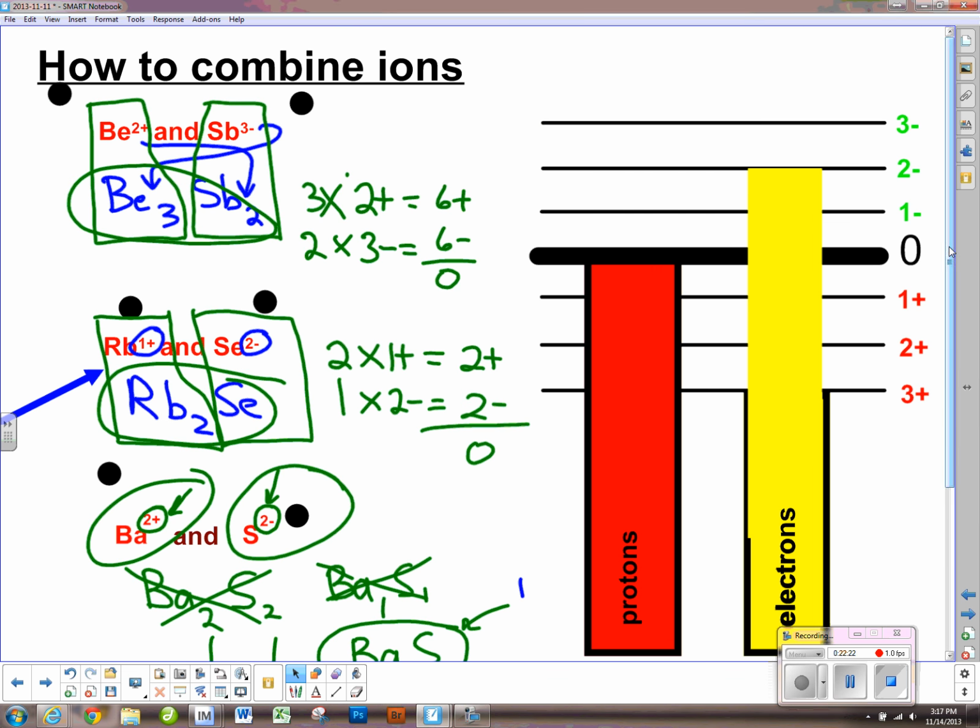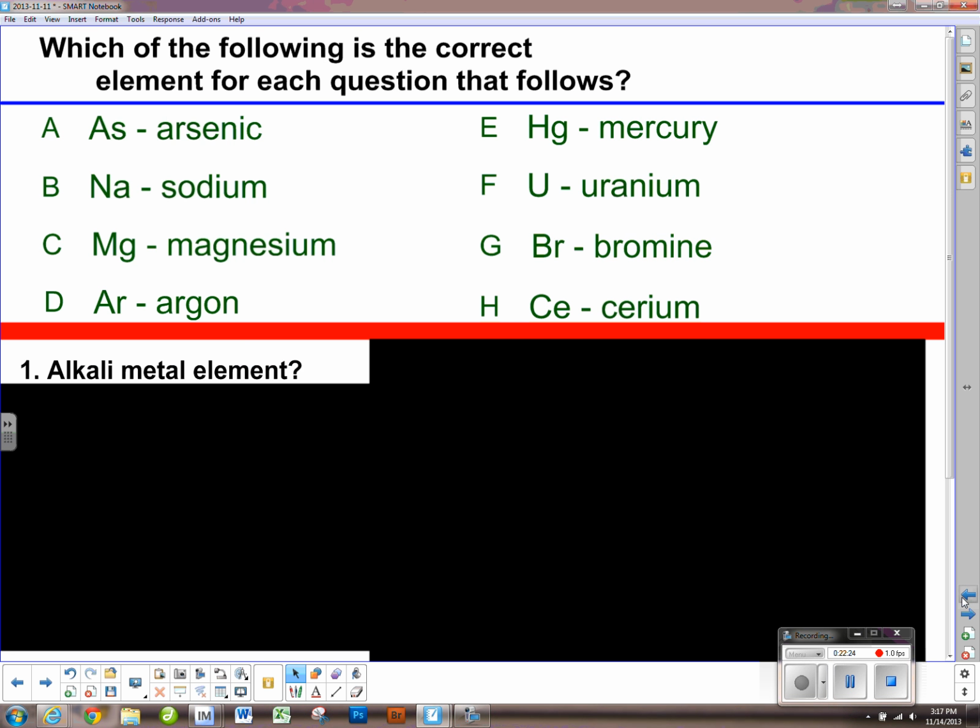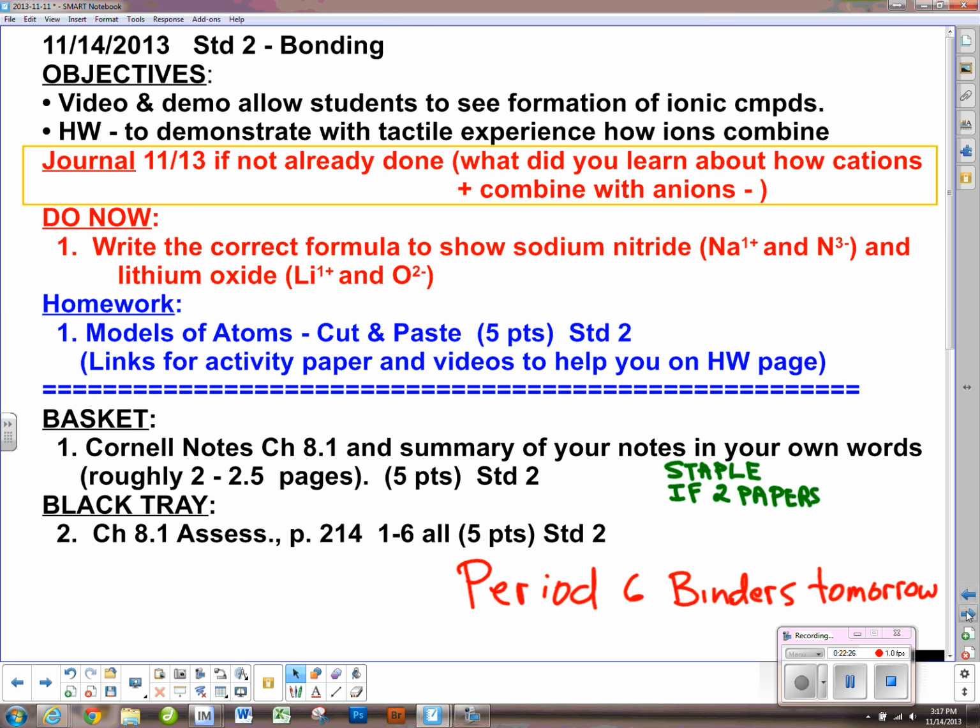And I'm just going to go back and give you the answers that I had for the do now. With sodium at 1 plus and nitride at 3 minus, we have Na3N. We have to have 3 sodiums to have 1 nitrogen, because nitrogen gives us 3 negatives, and it takes 3 of these guys to balance it with 3 positives.